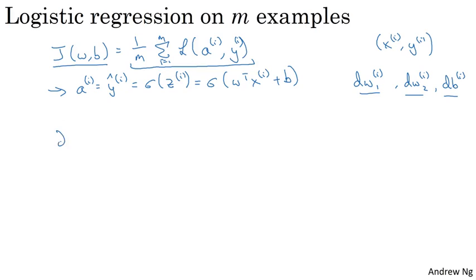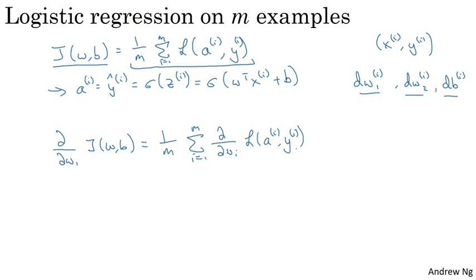So it turns out that the derivative with respect to, say, w1 of the overall cost function is also going to be the average of the derivatives with respect to w1 of the individual loss terms.